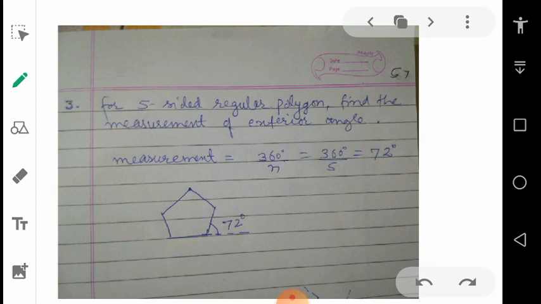Sometimes the geometrical shape is not given to you. It is said that there is a hexagon, an octagon or a decagon. So remember how many sides, as in a pentagon there are 5 sides. So the value of the exterior angle is 360 degrees divided by 5, that is 72 degrees. It doesn't matter how you draw an exterior angle, the value will be 72 degrees for every exterior angle.